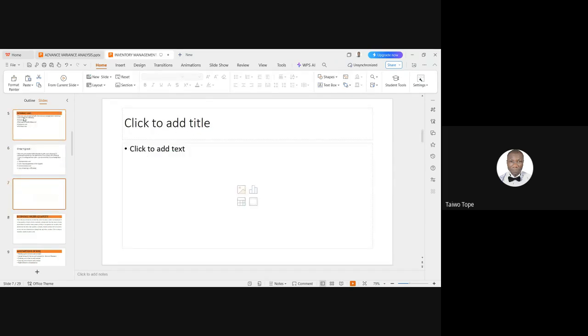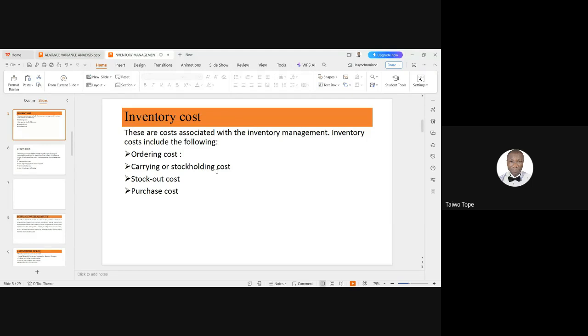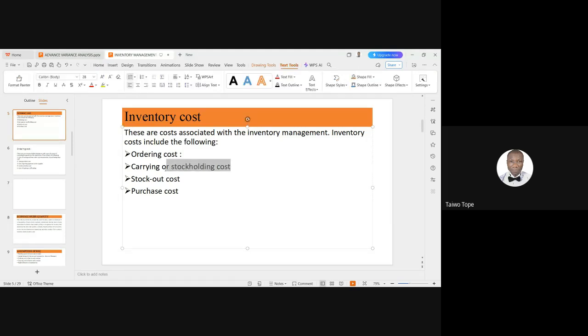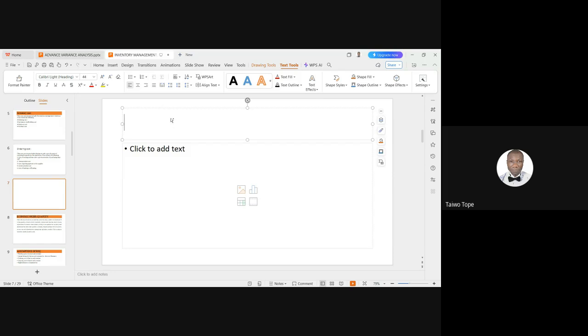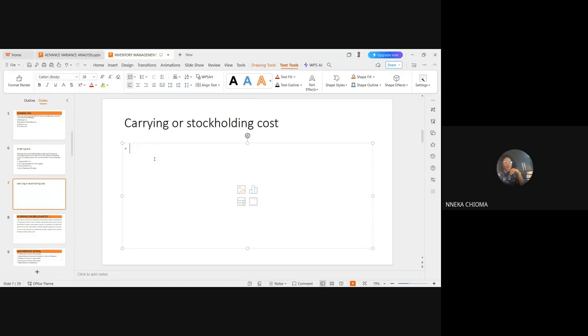So when we talk about carrying or stock holding costs, when you bring the goods to your warehouse, do you just leave the goods like that? Storage costs. You store it in a warehouse. Yes.